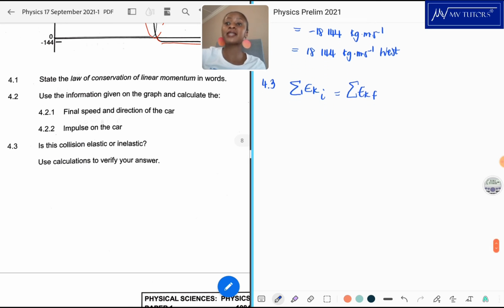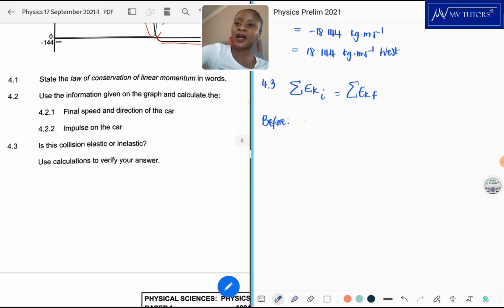So is this collision elastic? We're going to take the sum of the kinetic energy of the car and the wall before, and then take it again for the car and the wall afterwards, and then we'll see. I'm just going to say before.